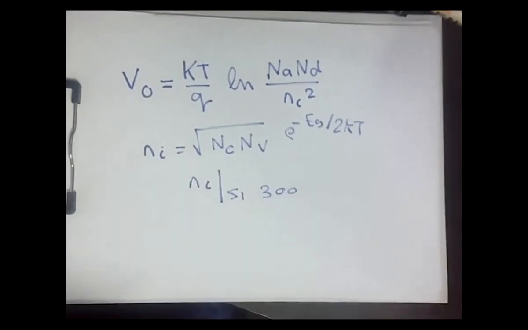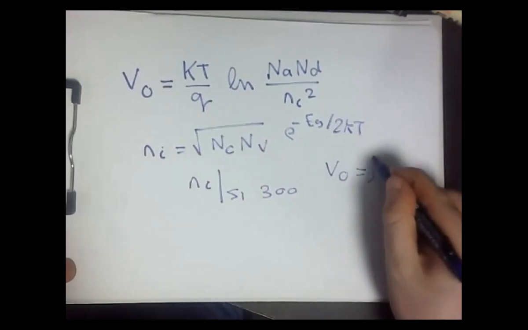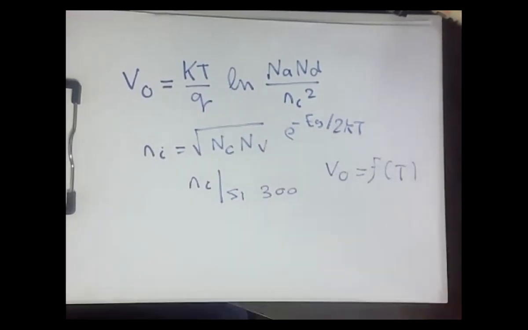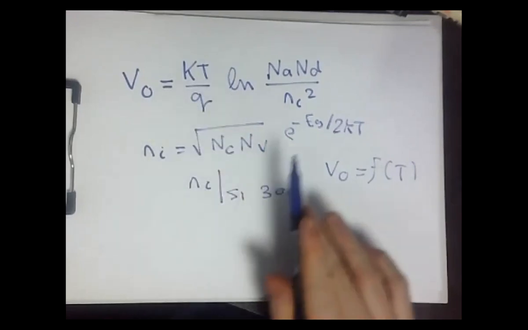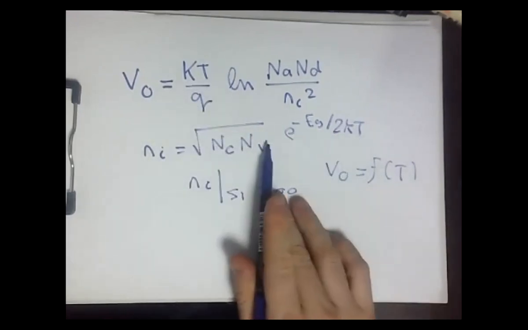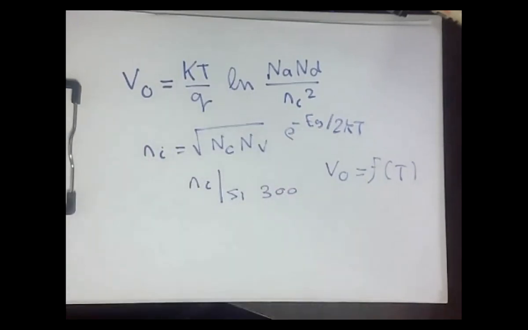If I want to ask you a question that I'm 100% sure you will not be able to solve, I will tell you to please plot V node as a function of temperature. It's actually very difficult, because here you have a temperature dependence, here you have a temperature dependence, and here you have a hidden temperature dependence, if you remember. So it's a very complicated function with respect to the temperature.